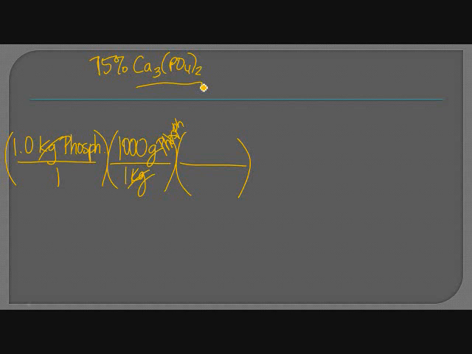And how you do that, so if it's 75%, if you had 100 grams, 75 of those 100 grams would be calcium phosphate. Okay, so again, if 100 grams is your sample, 75 grams would be the calcium phosphate.